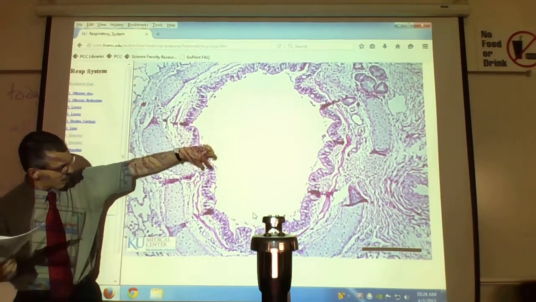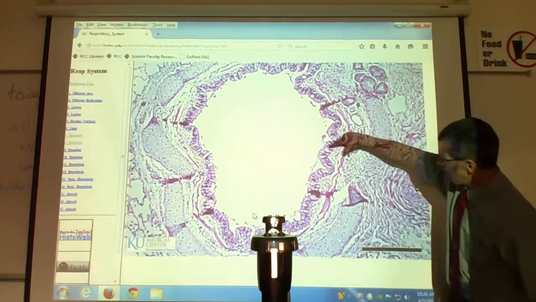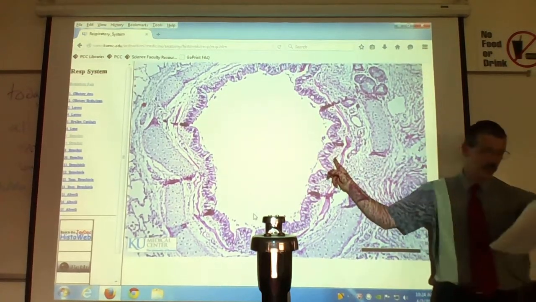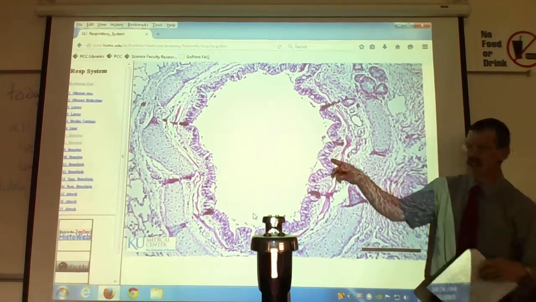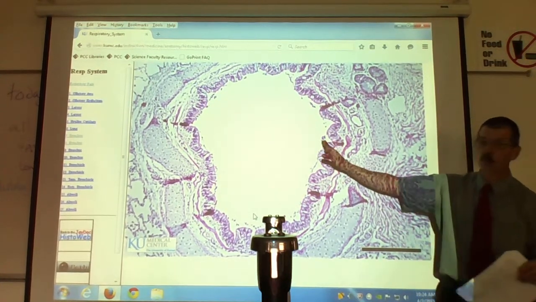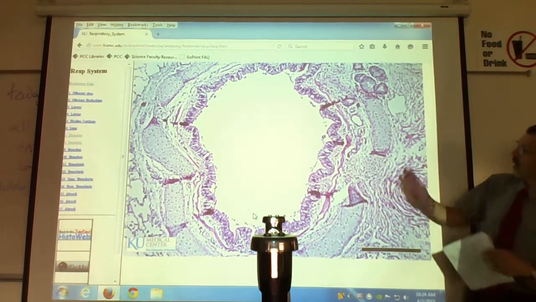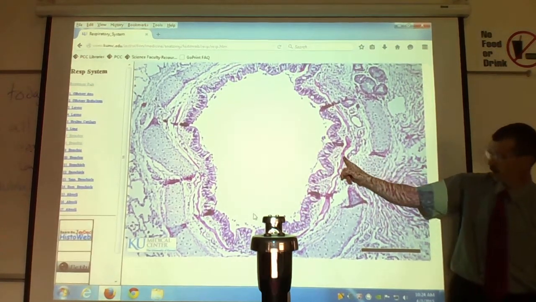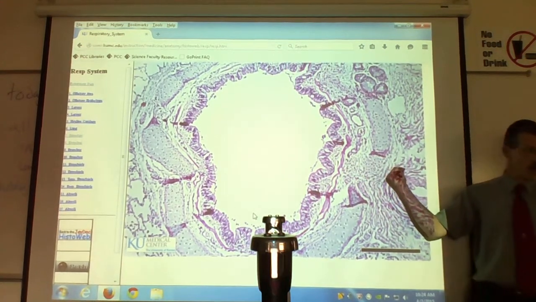There's always a layer, in this case this color here, that touches the lumen. What is that layer called? Mucosa, because it makes snot. That's your mucosal layer no matter where you are. From this red line to here, what do you call that layer?